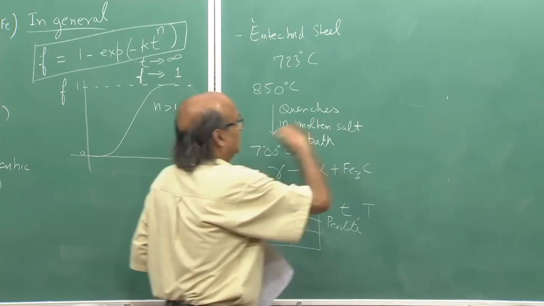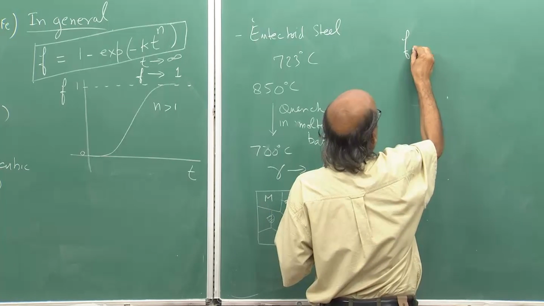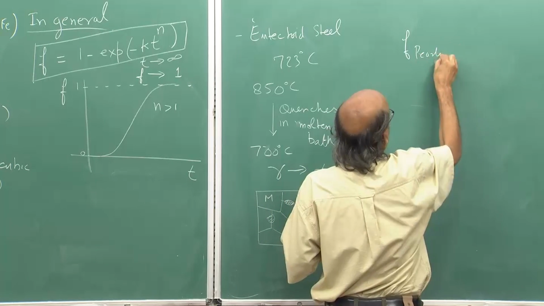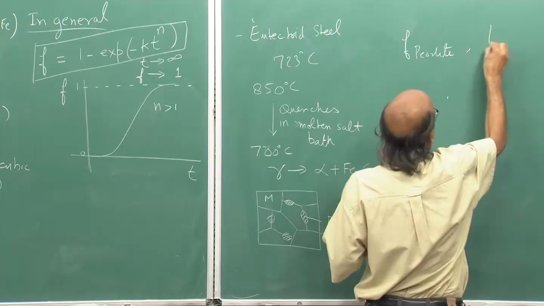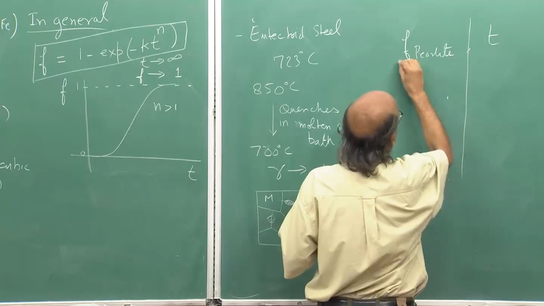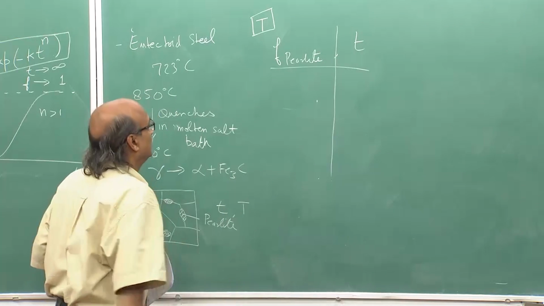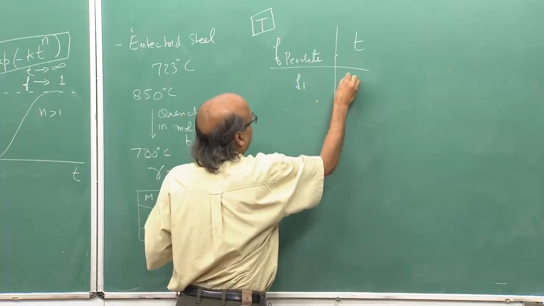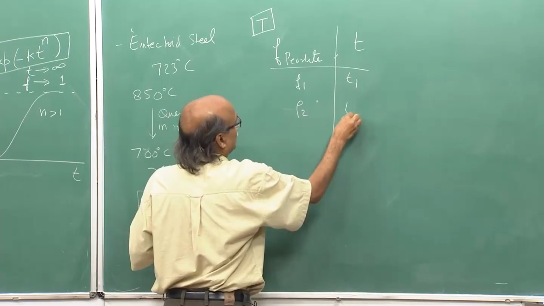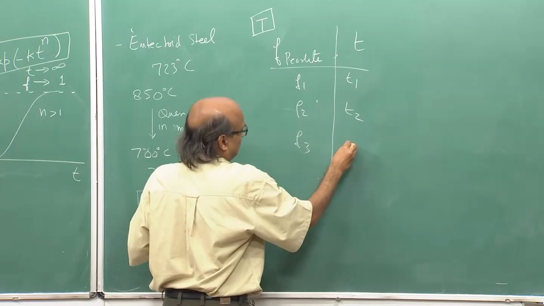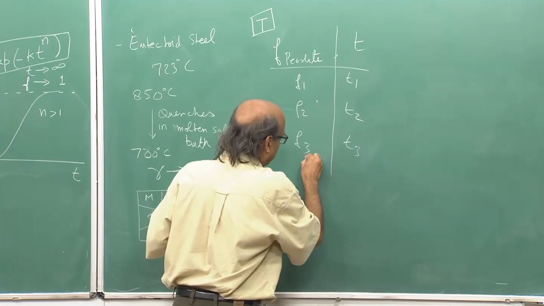So, what I will have in the end is F pearlite versus time for some given transformation temperature T. So, I will have F1 at T1, F2 at T2, fraction transformed is F3 at time T3 and so on.